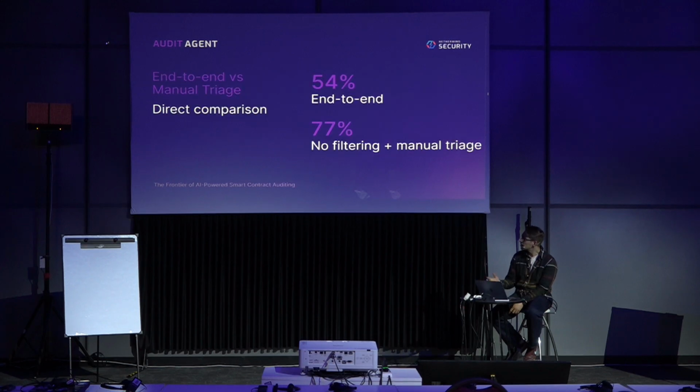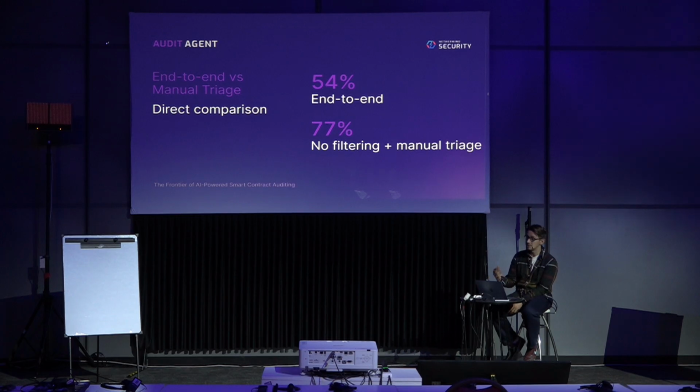This approach with manual triage can significantly increase the coverage we get with this tool. For instance, if we completely remove the filtering and validation from the tool and sit down and manually triage all the issues, we can get to even 77% coverage.